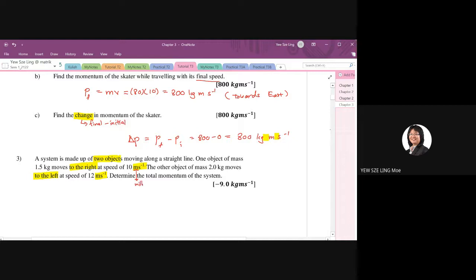So what does it mean by milli? It is equals to times 10 to the power of negative 3. All right. So this 10 ms negative 1, it means 10 milli per second. Oh no, sorry, that's my bad.